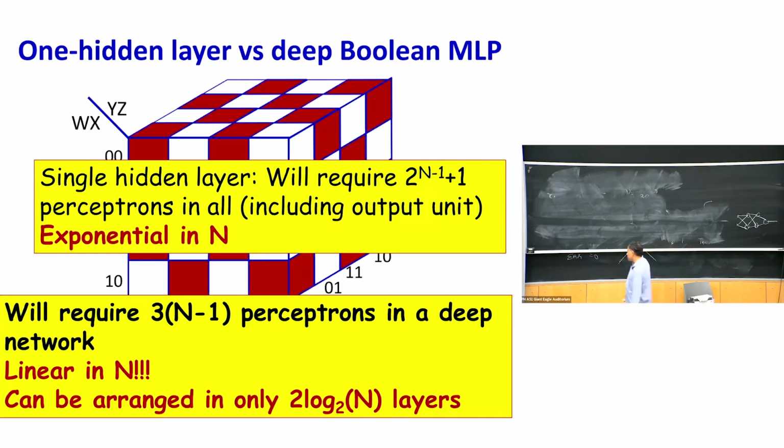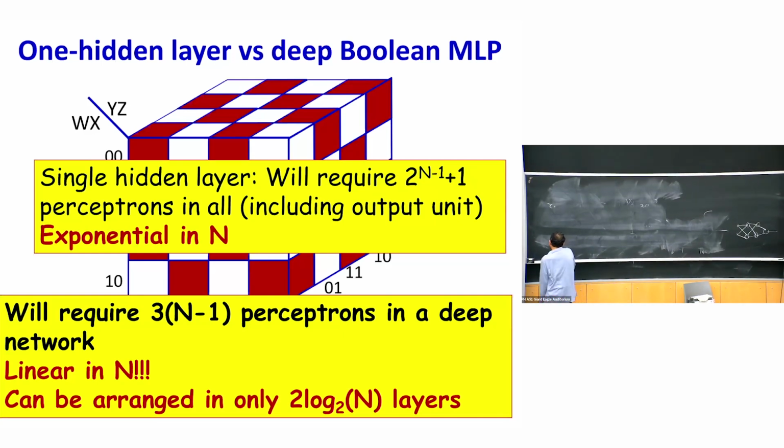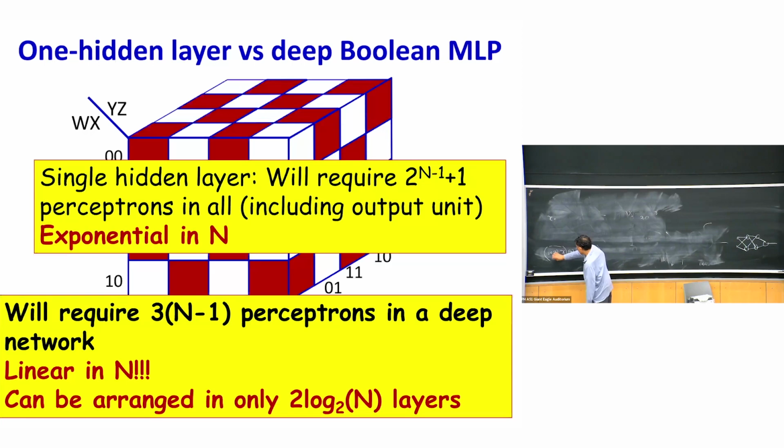If I wanted to compute W XOR X XOR Y XOR Z, I can do it this way. I can first compute the XOR of W and X. I can compute the XOR of Y and Z. And then I can compute the XOR of these two, and that's going to give me the XOR of all four.